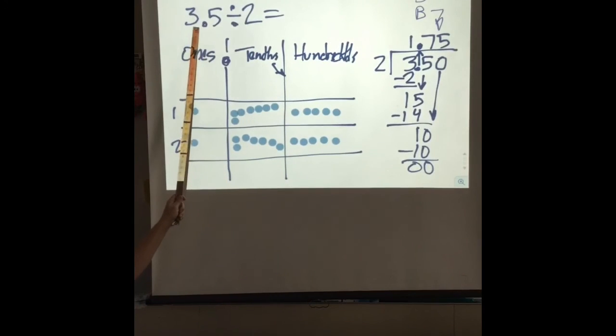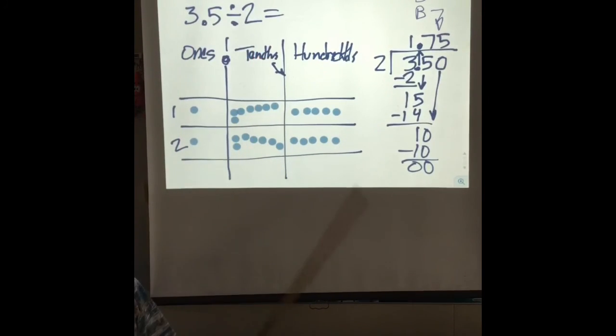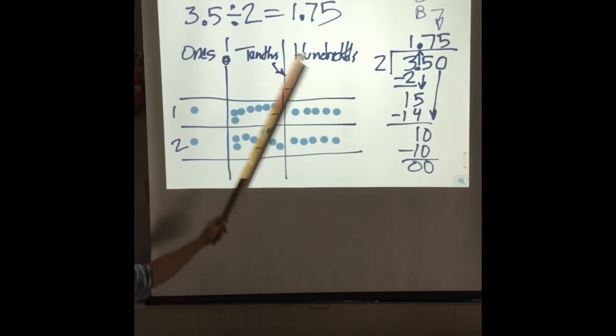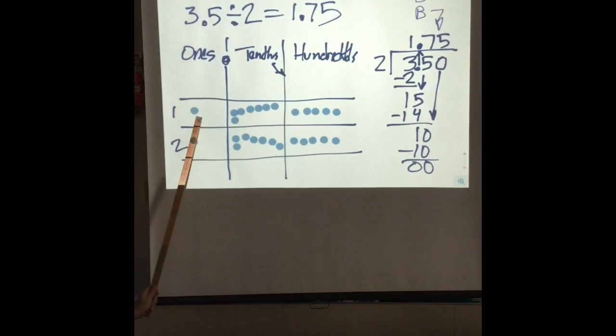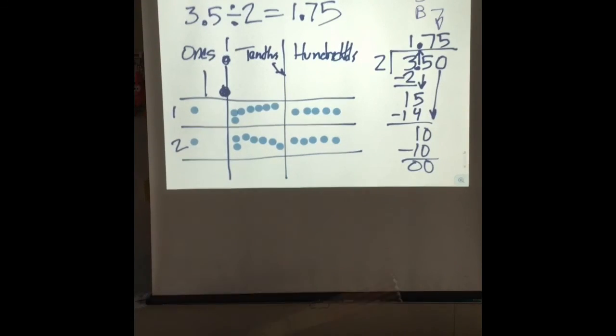So our answer to 3.5 divided by 2 is what? 1.75. Do you see how we got that? 1, we have 1 in the ones. Here's our decimal point. How many do we have here? 1, 2, 3, 4, 5, 6, 7.